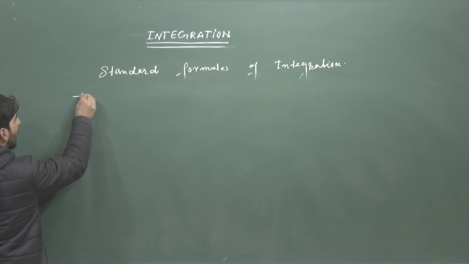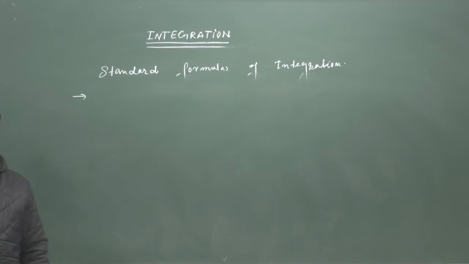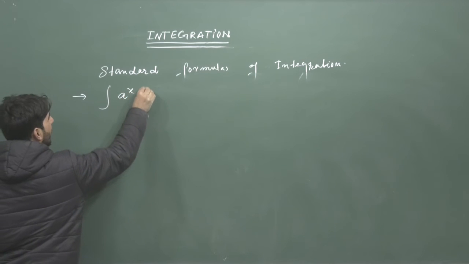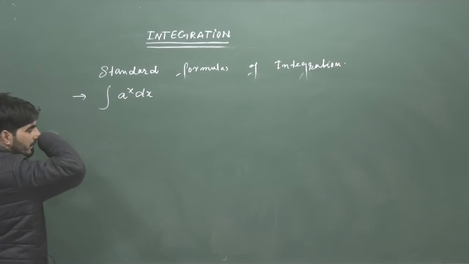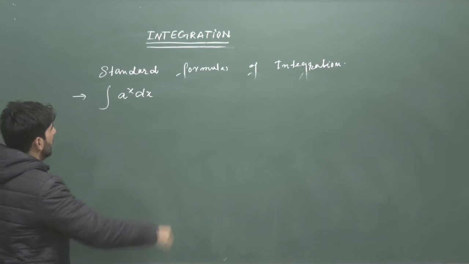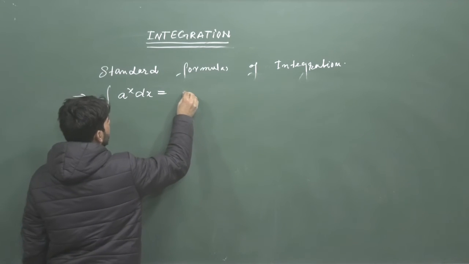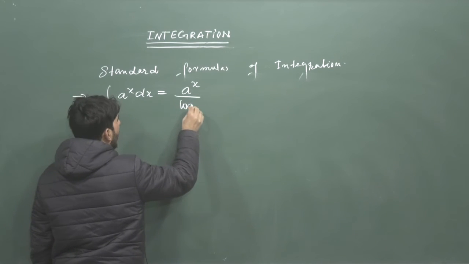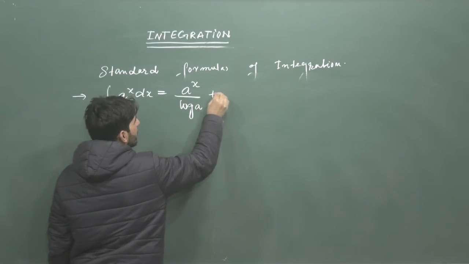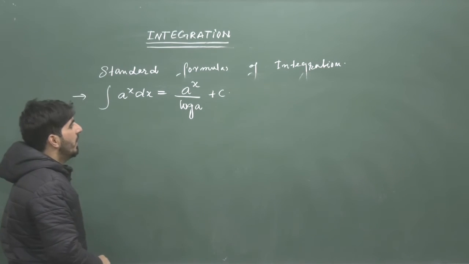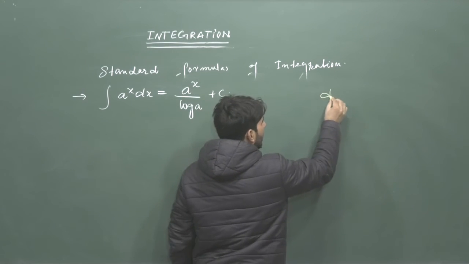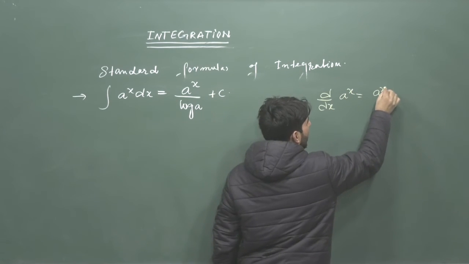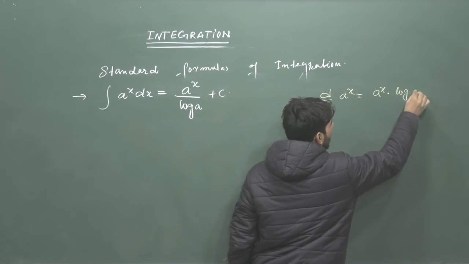Now the fourth formula is integration of a raised to power x dx, that is a raised to power x divided by log a plus c, because we know that the differentiation of a raised to power x is a raised to power x into log a.